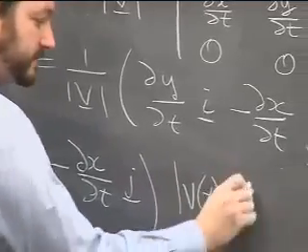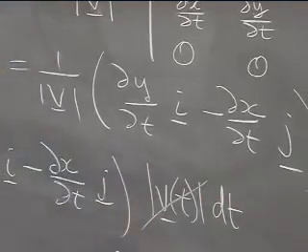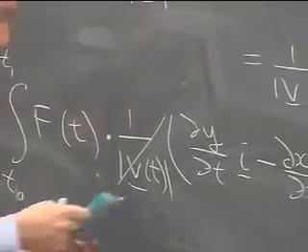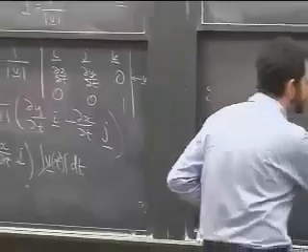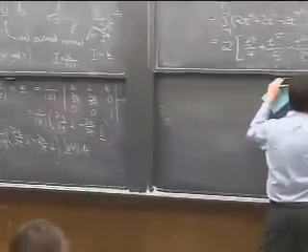But then the ds itself is |v(t)| dt. And again, these things cancel. And so you get something a lot more palpable. And I will write it out now. That was all theory, by the way.